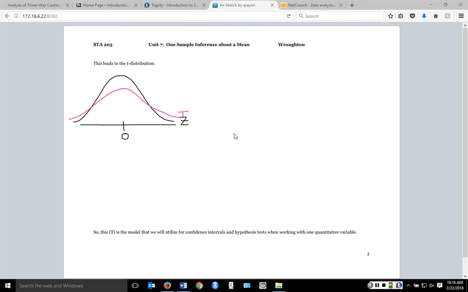So here are things that are true about it when I'm comparing the two. T is symmetric and unimodal, just like Z. Okay, so that's one thing that's true. T is also centered at 0, like our Z as well.